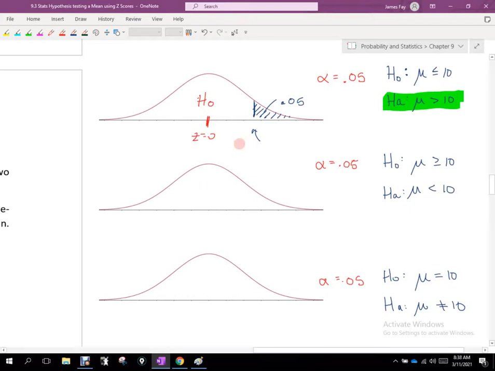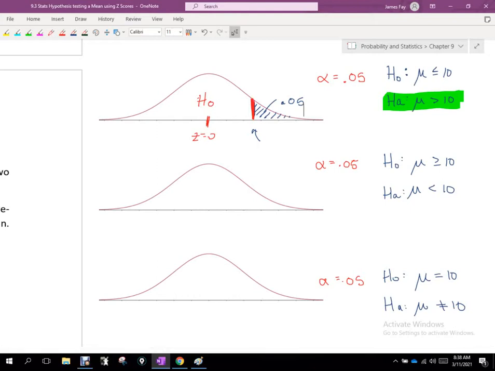This particular z-score starts the critical region. If we develop from our sample data a z-score located at that red line or to the right, we will say that is enough evidence that the mean found in the sample data is different enough from the hypothesized mean, H sub 0, that the difference did not happen by chance.